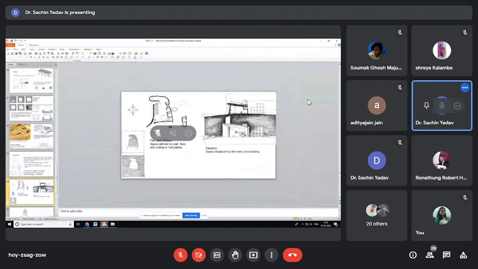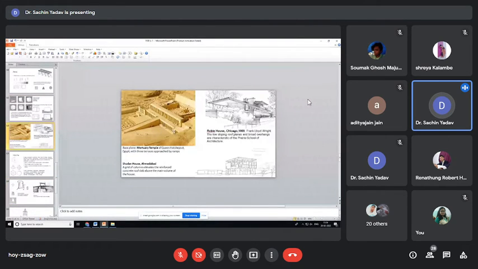Yes. So I was talking about this base plane, where you can see the base plane at different levels, right? This is the mortuary temple of Queen Hatshepsut, Egypt, with three terraces approached by ramps.